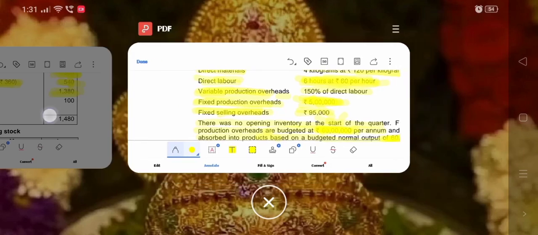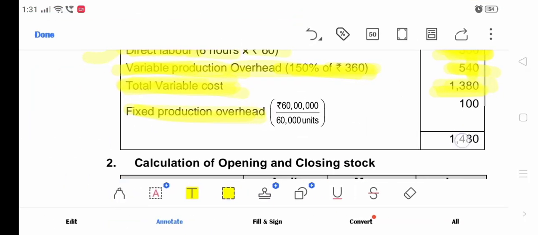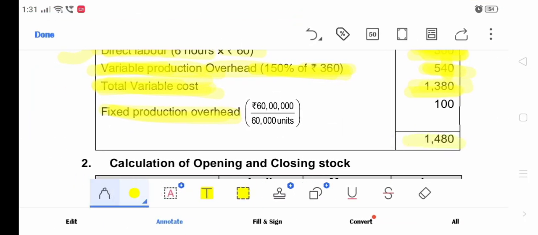We are calculating per unit only, no? Per unit, how much is the cost? That is what we require. So if it fluctuates, how can we calculate fixed cost? For that purpose, you have to take the standard or budgeted one.